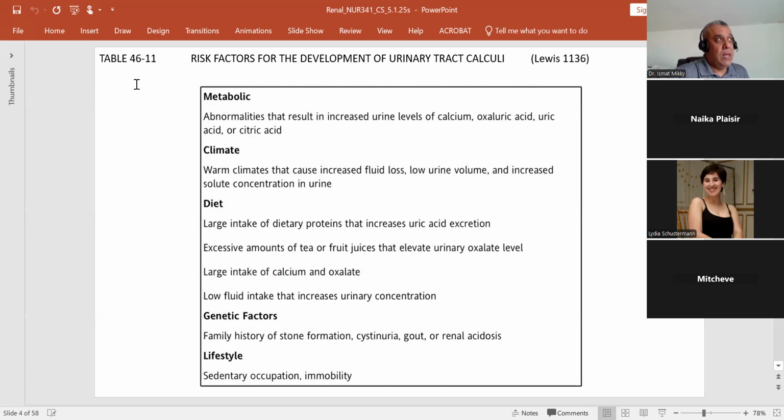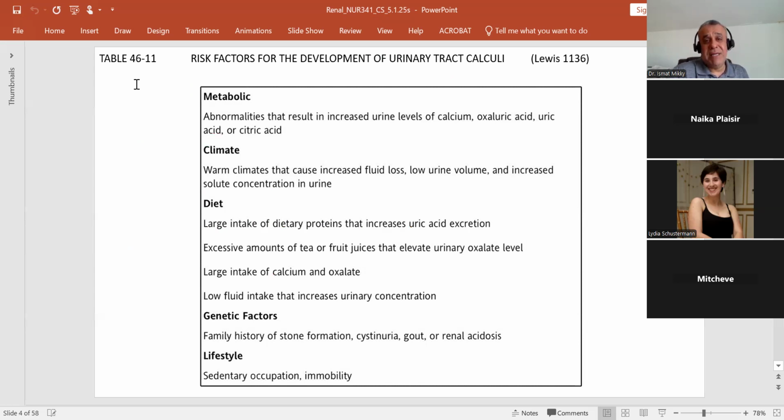The pH also may become a risk factor for kidney stone formation. Highly acidic or highly alkaline urine may both predispose patients to specific types of kidney stones.